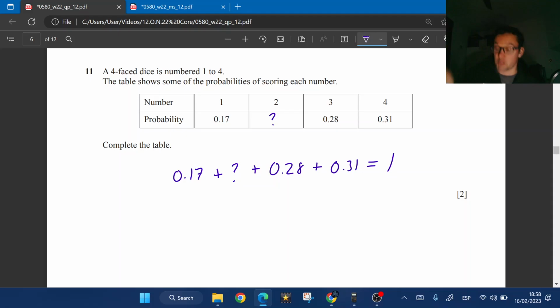Or 17% plus 28% plus 31% plus the other one should be 100% because it's all the possible outcomes. So to find that missing value, we just need to do 1 minus all the other values added together.